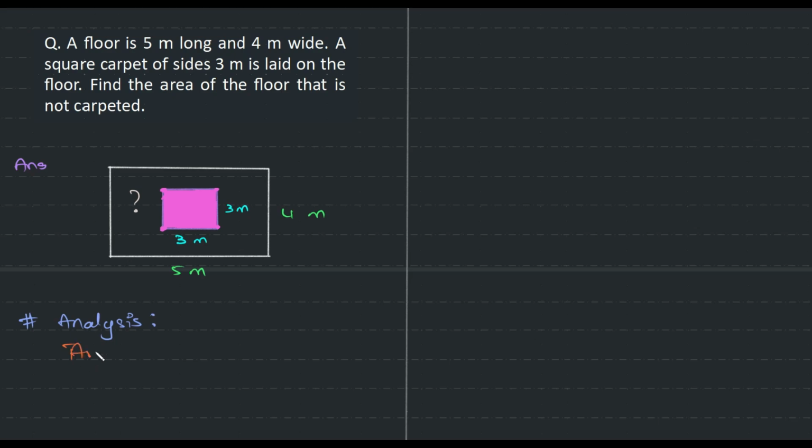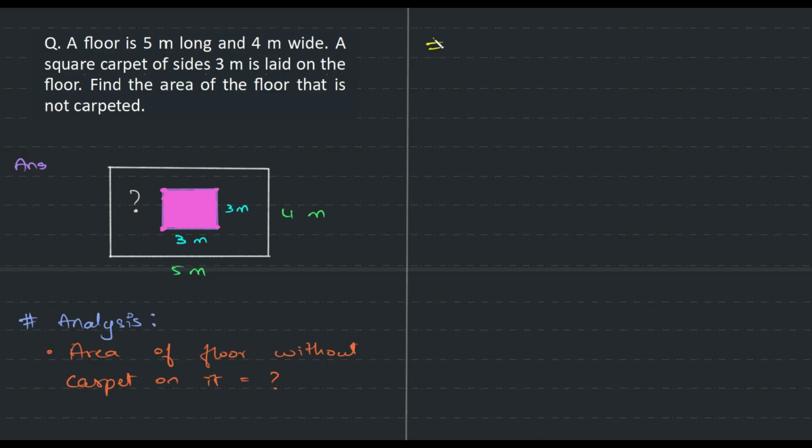Finding the area of the floor without carpet. This is what we have to figure out. So we already have the information drawn over here so that we can keep it.